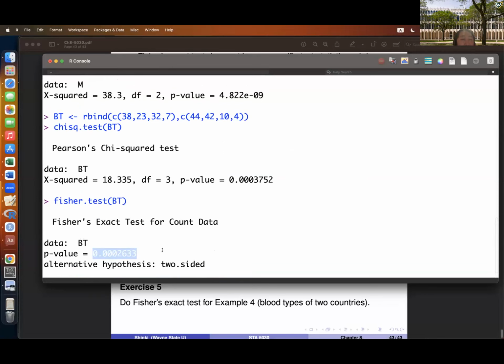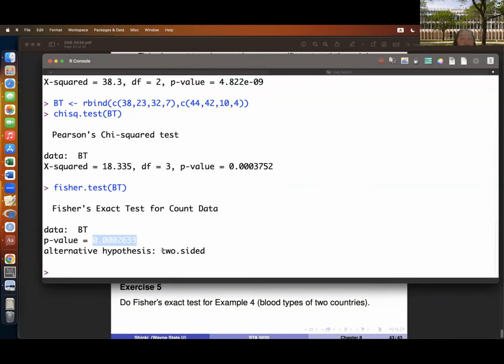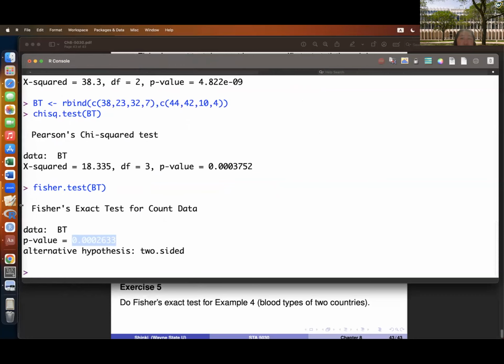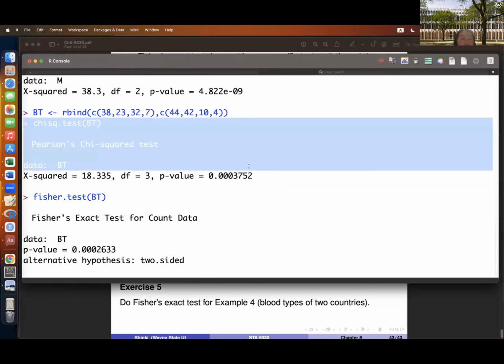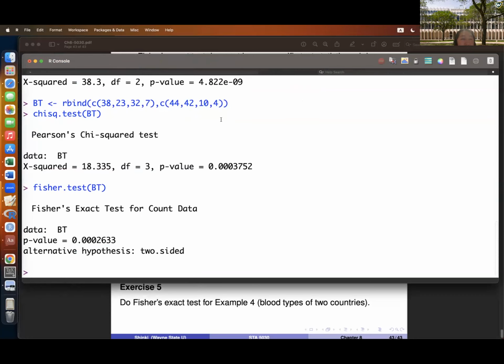Both are highly significant, and we don't have any trouble. In this case, Fisher's exact test isn't very useful, so we can just use the chi-square test. Maybe some people still want to use it, though.